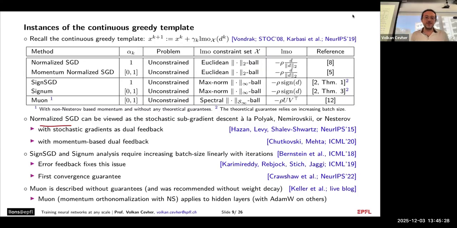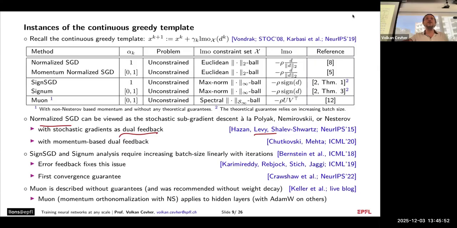Good. So with stochastic gradients as dual feedback, you can see it in one of my collaborator Kfir Levy and his advisor Elad and Shalev-Shwartz's paper. With the momentum-based dual feedback, to my knowledge, it was first characterized by Ashok Cutkosky. Now, sign SGD and signum analysis. Sign SGD and signum were also algorithms by Jeremy Bernstein et al.